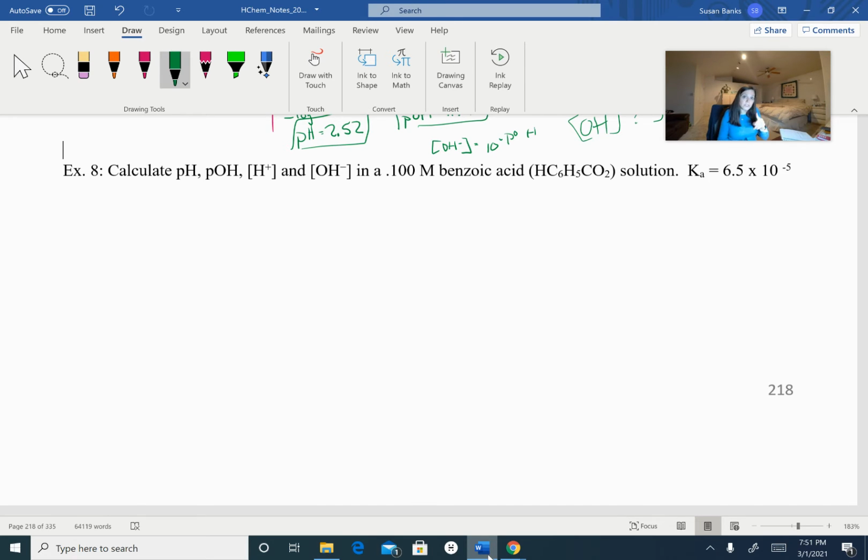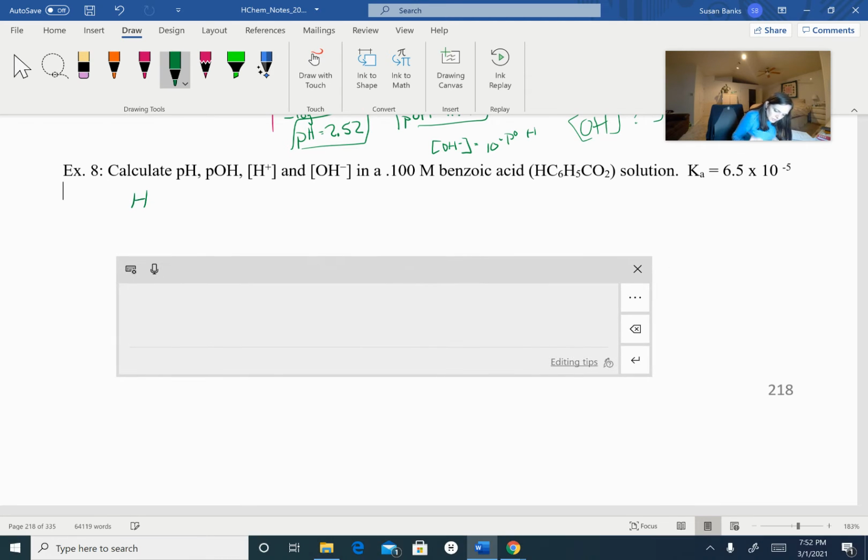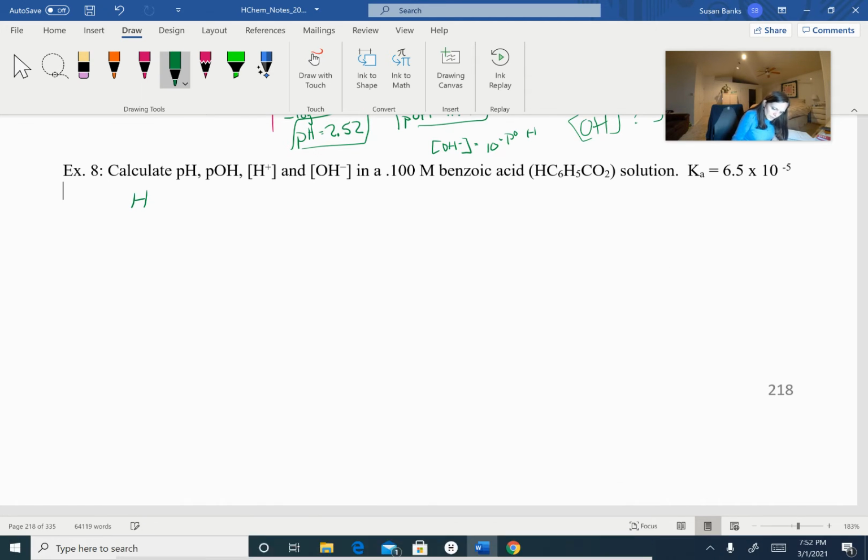First things first, we're going to create that ICE or RICE chart. We're going to start with the reaction on top, with our benzoic acid, HC6H5CO2.